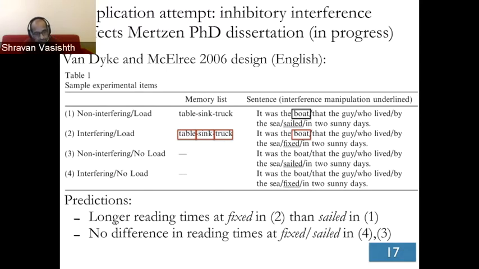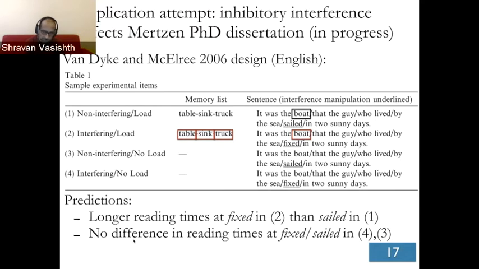So the experiment predicts longer reading times at fixed versus sailed in condition 2 versus 1, but no difference between fixed and sailed in the no load conditions. Basically, the experiment predicts an interaction between the memory load condition and the interference condition, whether you have sailed or fixed.